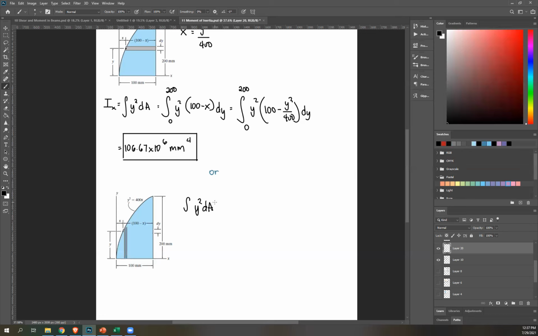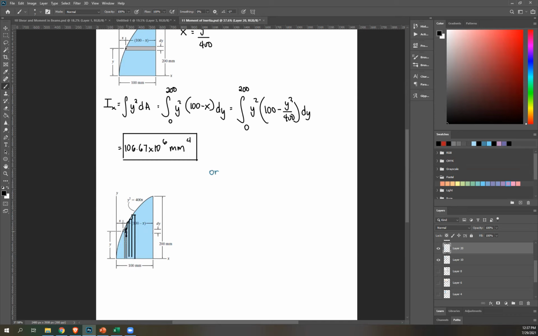So the easier method to solve for this is taking the moment of inertia of this rectangle, okay, again, rectangle alone. If you divide this into very small rectangles, right, just imagine that's full of rectangles.